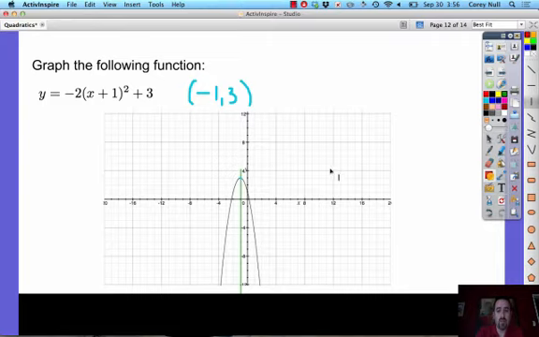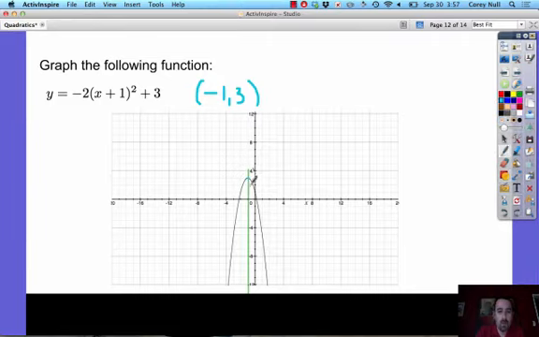Typically a parabola would go over 1 and down 1, over 2 and down 4, and over 3 and down 9. That would be a point on the parabola: 1, 2, 3, 4, 5, 6, 7, 8, 9.